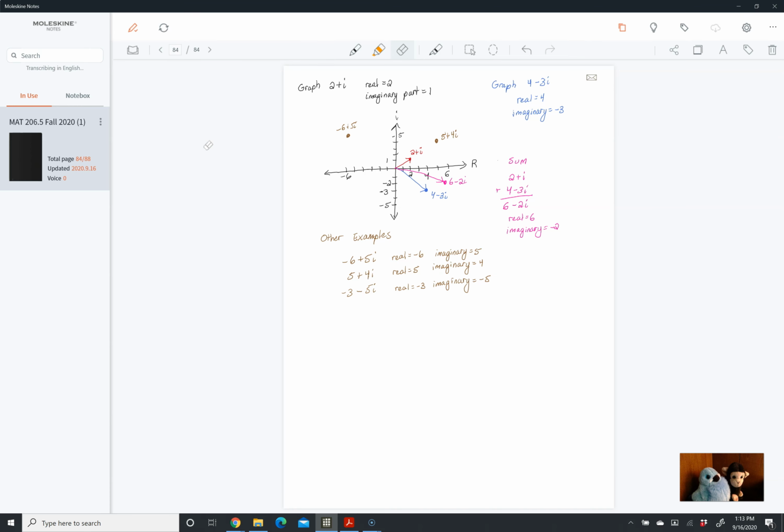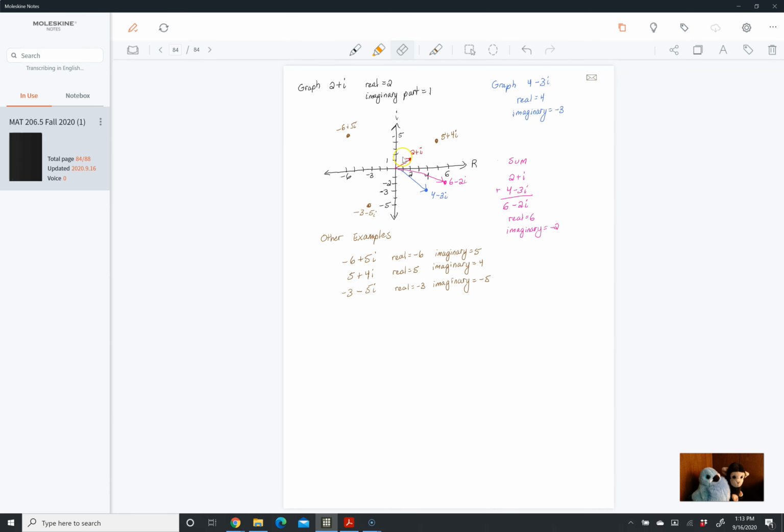So we're going to go over to -3 and down to -5. Our -3 is over here. So -3 on the real and then -5 on the imaginary puts us right here.